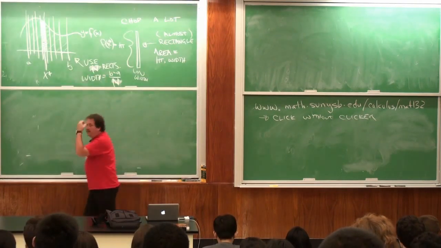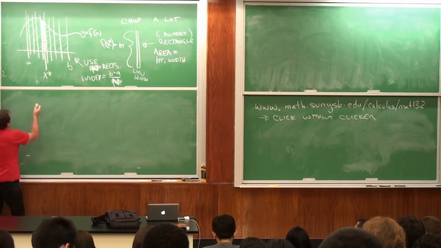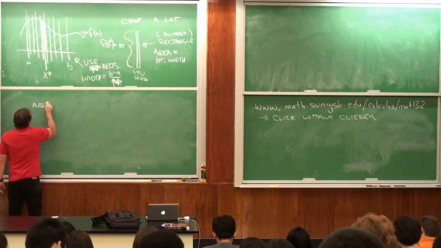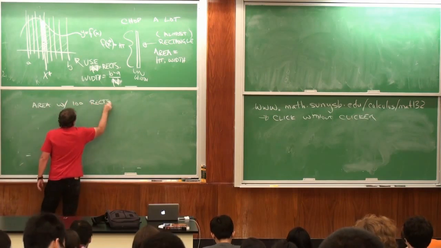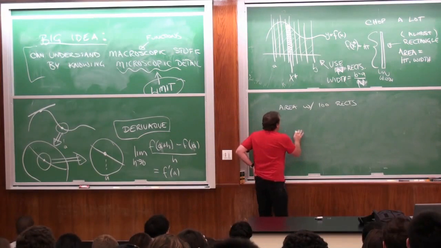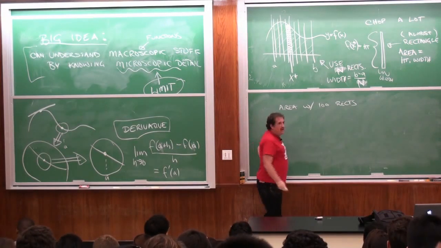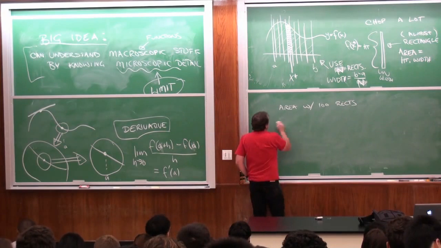So now if we want to find this area, well, the area with 100 rectangles is going to be, well, we take 100 points scattered along there.